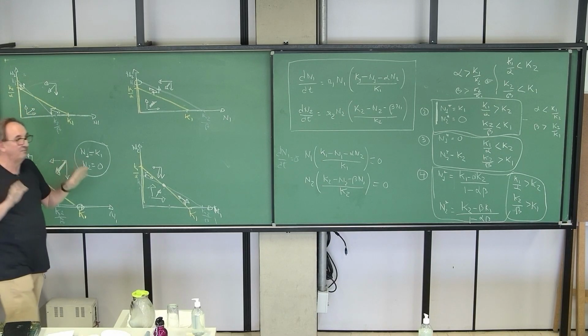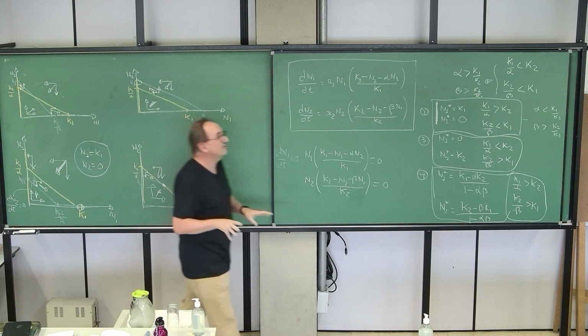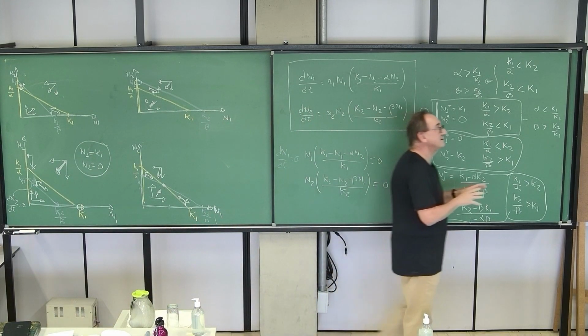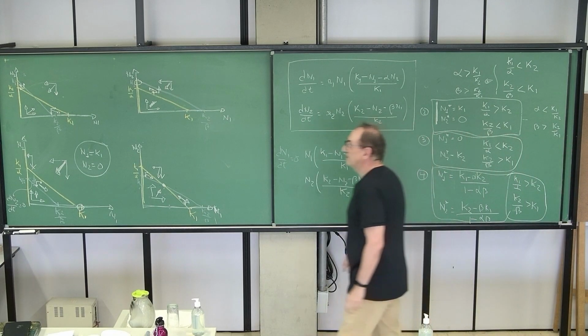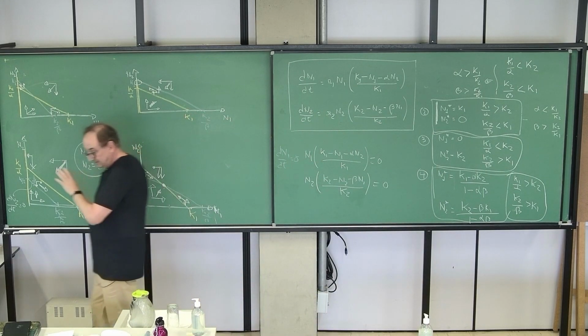Mutually strong competition can go either to a carrying capacity N1 equal to K1 or N2 equal to K2, and it will depend on the initial condition, how many you have at the point when you start to count them, at time t equal to 0. So these are the main things.